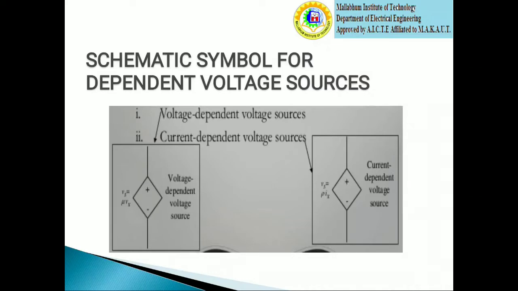The next one represents the current dependent voltage source, expressed by Vs = rho times Ix. Here Ix is a variable quantity, that is why it is current dependent.